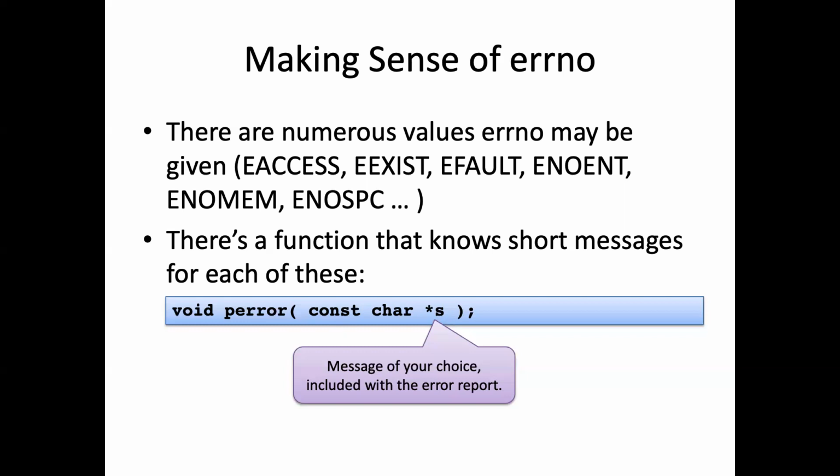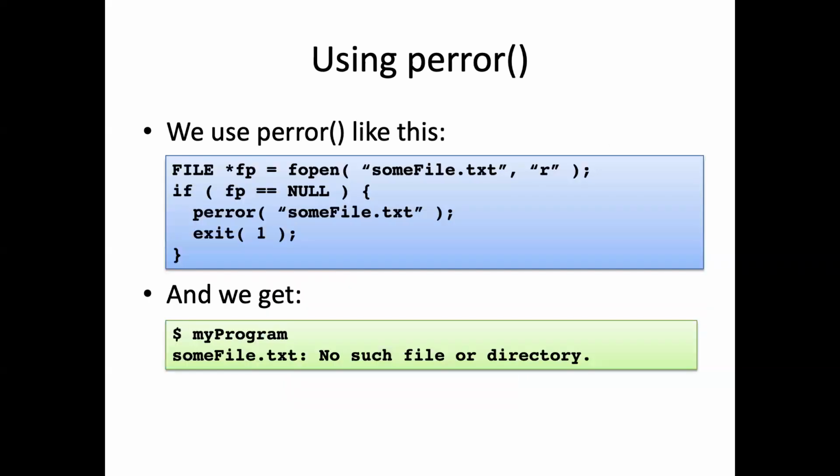I mentioned already on project 5, you get to use this to help you print out meaningful error messages. And this is the kind of thing that you might do if you tried to open a file and you would still check the return value of fopen to tell that something went wrong. But if you know that fopen failed, and that's what this if does, you could use perror to print out the error message.